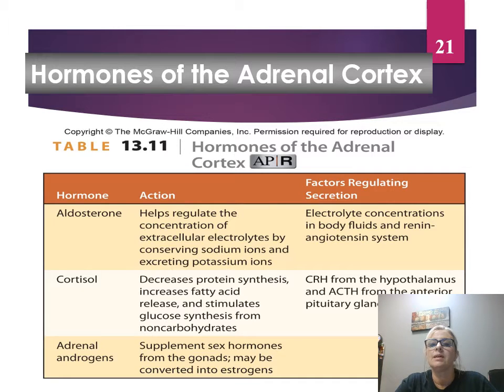It regulates electrolytes, things like sodium, potassium, and we know that sodium, potassium regulation is very important, because if that gets off, things like your heart can just stop if your potassium is off by way too much. Also stimulates the kidney to hold on to sodium, excrete potassium. Secretion of aldosterone is linked to that renin-angiotensin system, which is what regulates blood pressure.